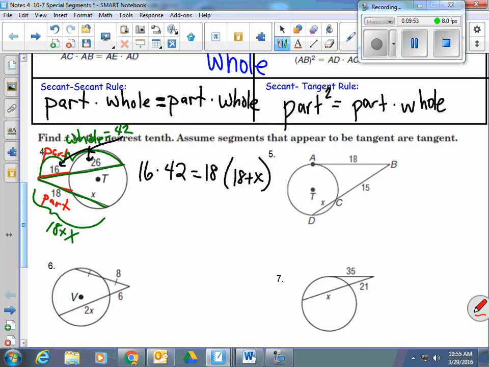So what about the parentheses? Multiply. What's that called? Distributing, very good. So right here, we're gonna have to distribute out. So somebody tell me what 16 times 42 is? 672. What's 18 times 18? 324.